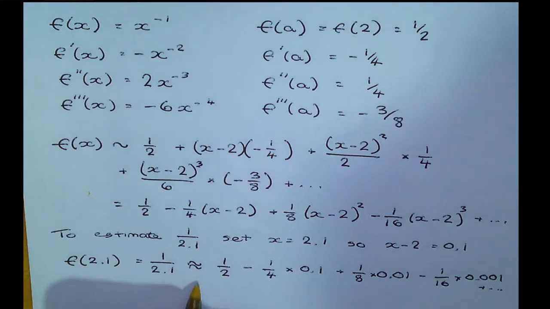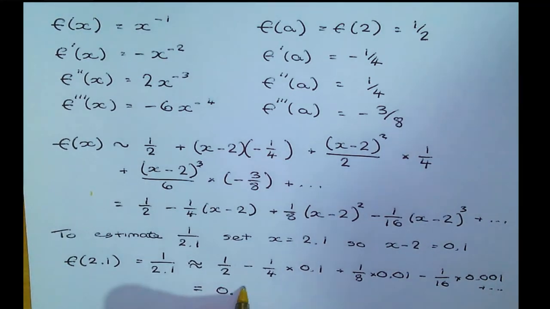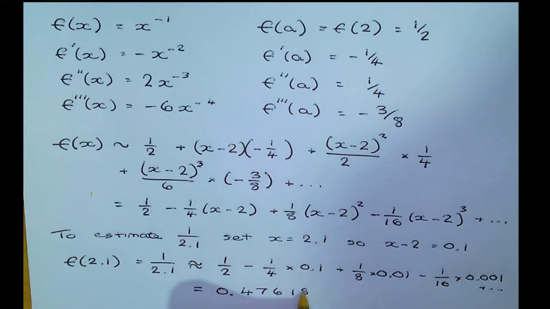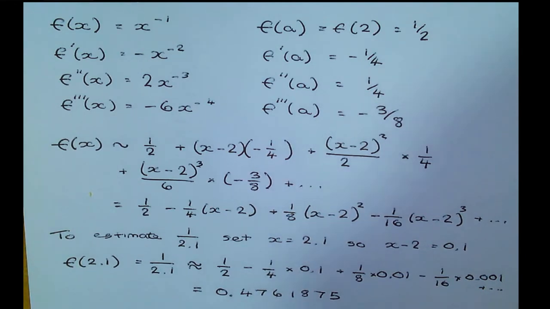But we end up here, when we put into the decimals, we get 0.4761875. Now I've written it to a rather ridiculous number of decimal places, just making use of all the decimal places that come out of the terms that are here.